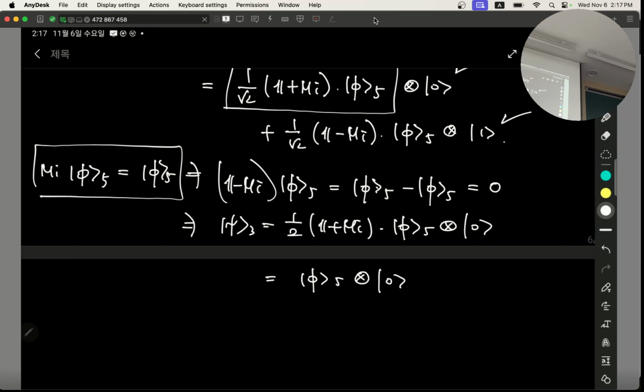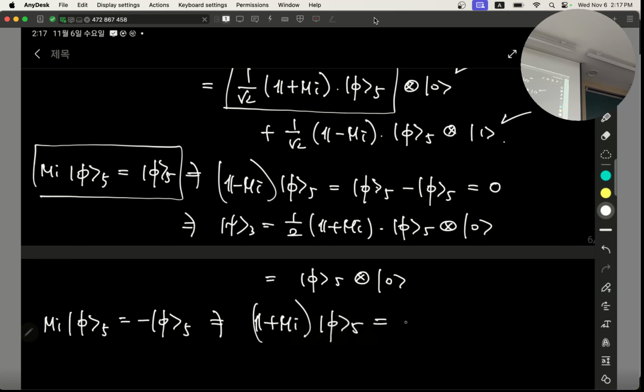What if it's the opposite? What if it's a minus 1 eigenstate? Then 1 plus mi applied to v5 is now 0. So this part vanishes and only this part survives.